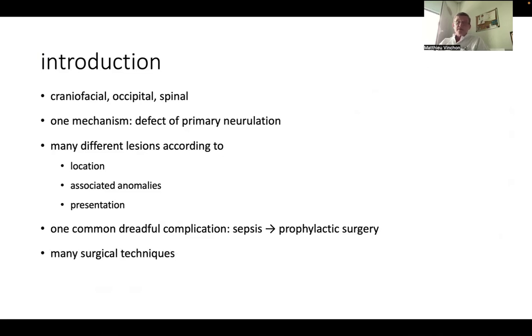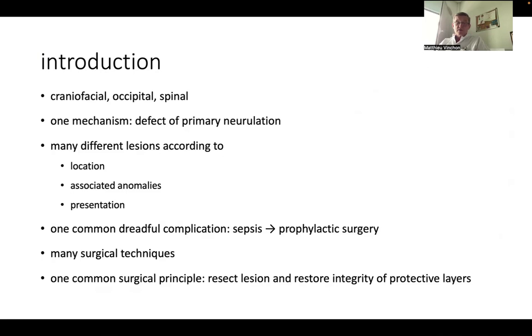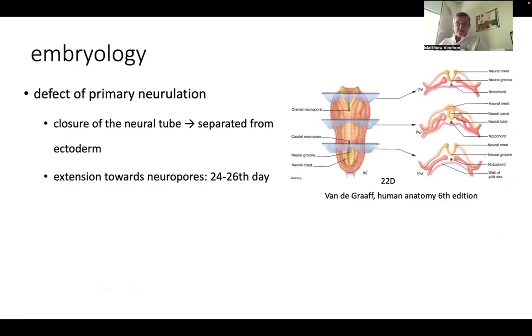We have many different surgical techniques according to the different clinical and pathological forms. And one common surgical principle for all this surgery is to resect the lesion and restore the integrity of the protective layers. So the embryology, as I said, is a defect of the primary neurulation.